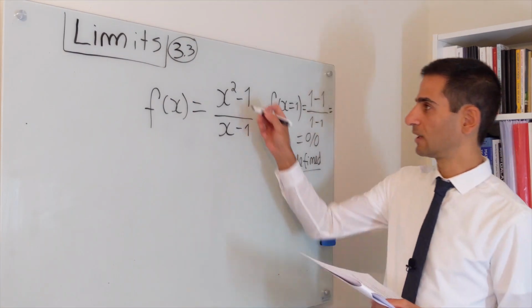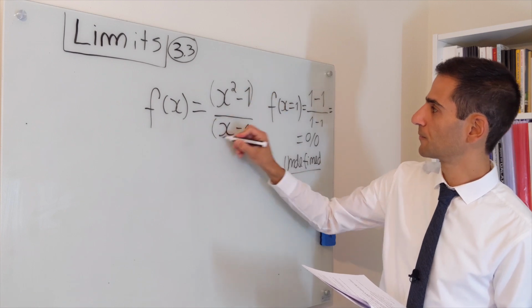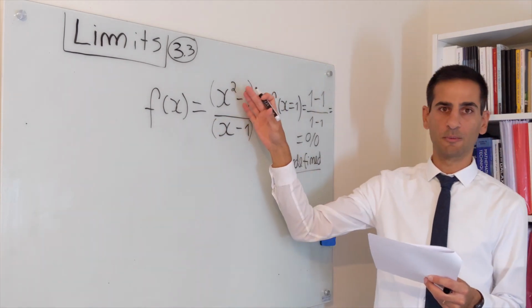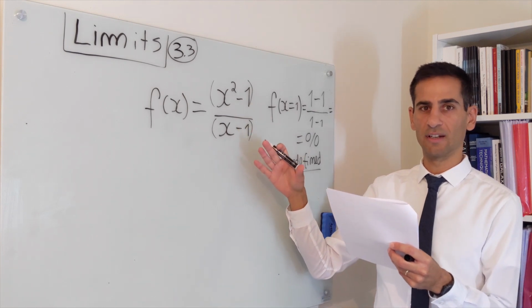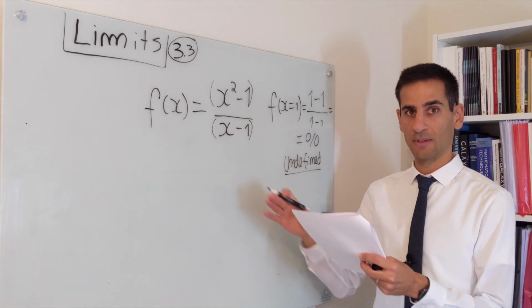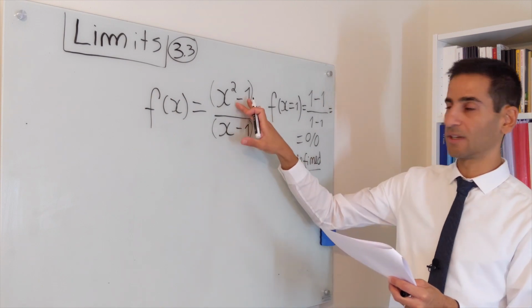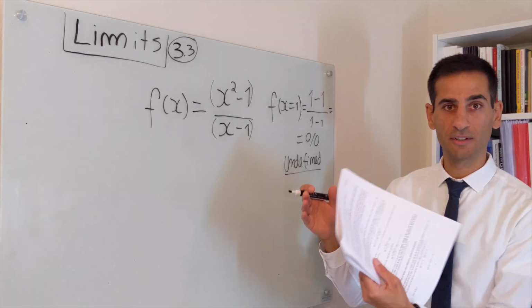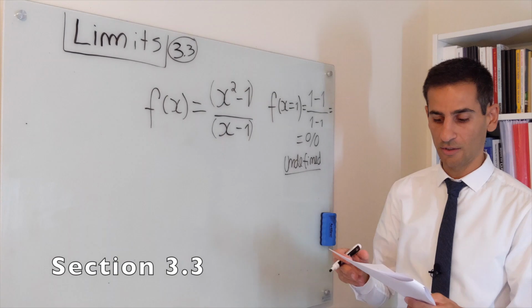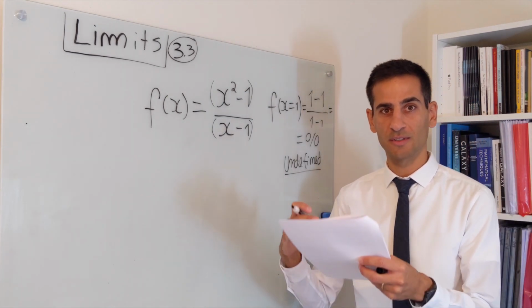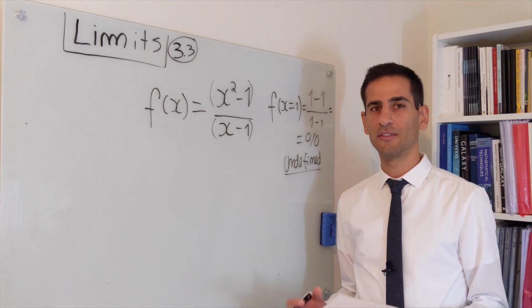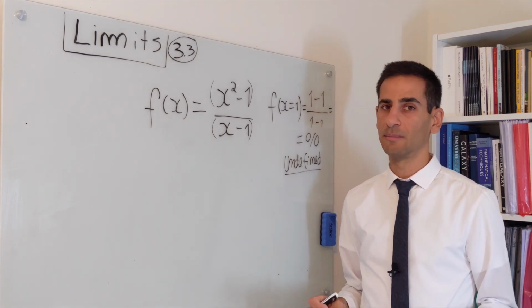To solve this in a more elegant way, what we can try to do is re-express part of this into something that we can then cancel out. In this case, we're going to look at the top part, and you can see it in the lecture notes as well. This is the first example, and then we're going to systematically list different things you can try to solve limits like this.